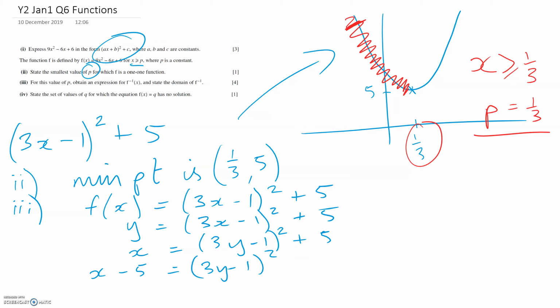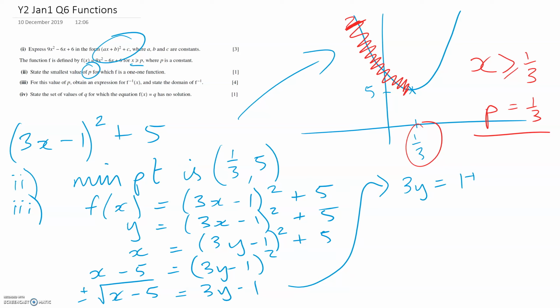We should take plus or minus the square root of that. The square root of x minus 5 will be 3y minus 1. If we then move over to here, that will give us 3y equals 1 plus or minus the square root of x minus 5.